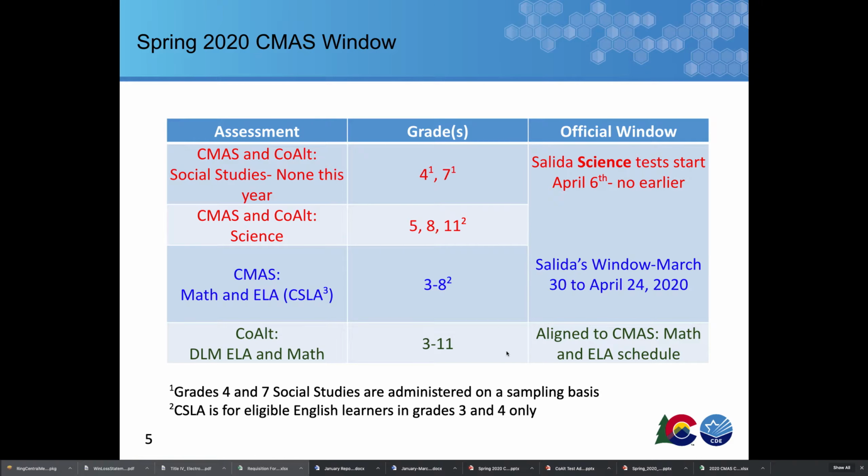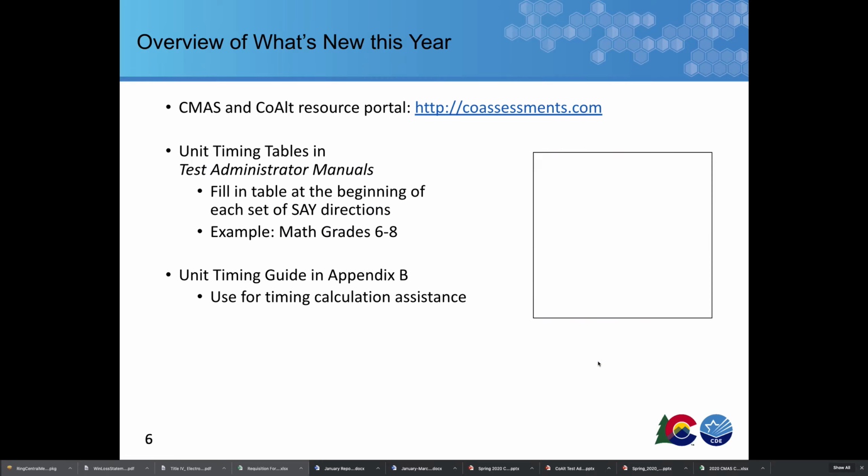The COALT test, which is given by the most wonderful Nancy Powers, she does all of our testing 3 through 11 with COALT, and she aligns that and organizes that with the special education providers, and that is aligned to our math and ELA schedule.